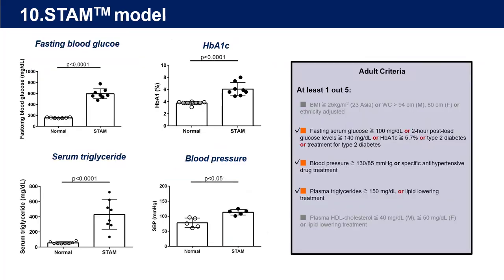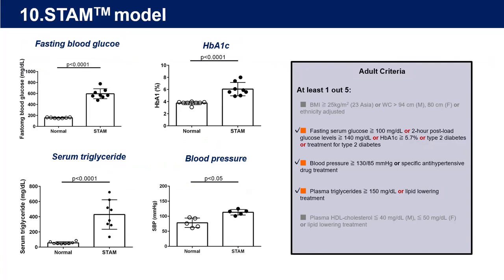Next, I will explain the results of evaluating the STEM model against cardiometabolic criteria. This slide shows the extent to which the STEM model aligns with the MASLD diagnostic criteria explained earlier.